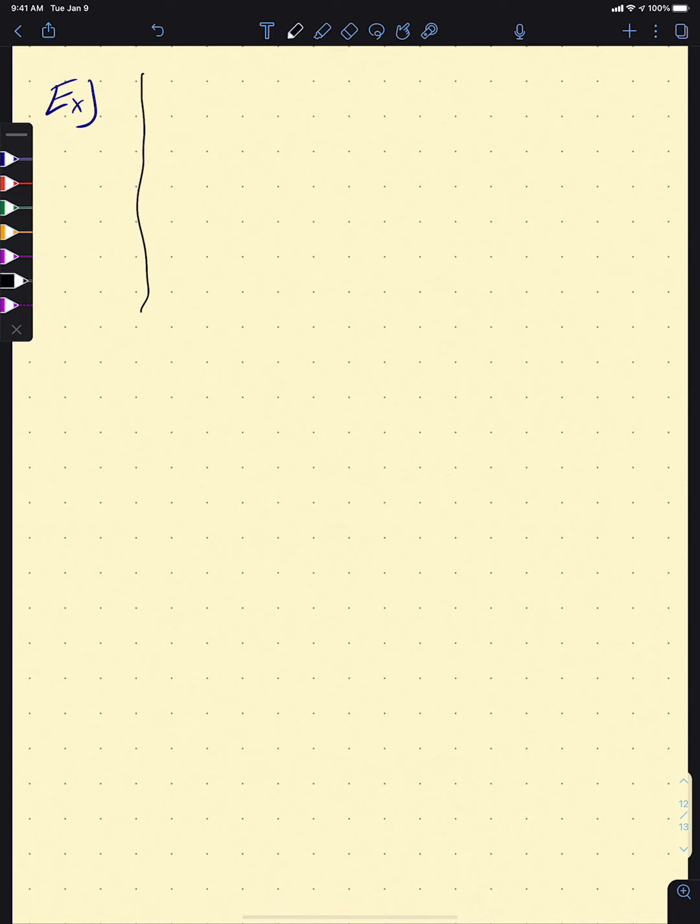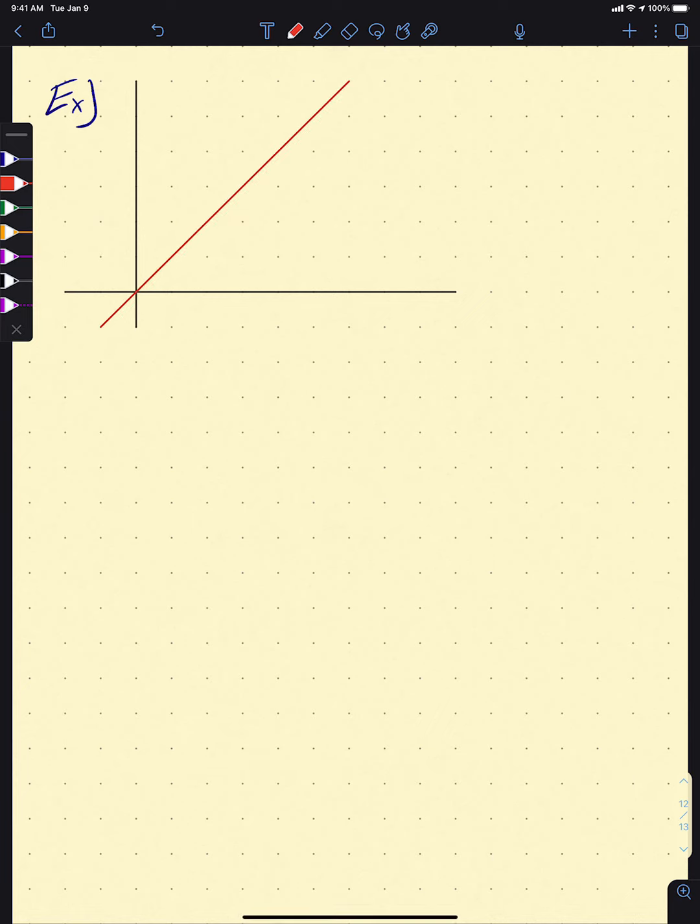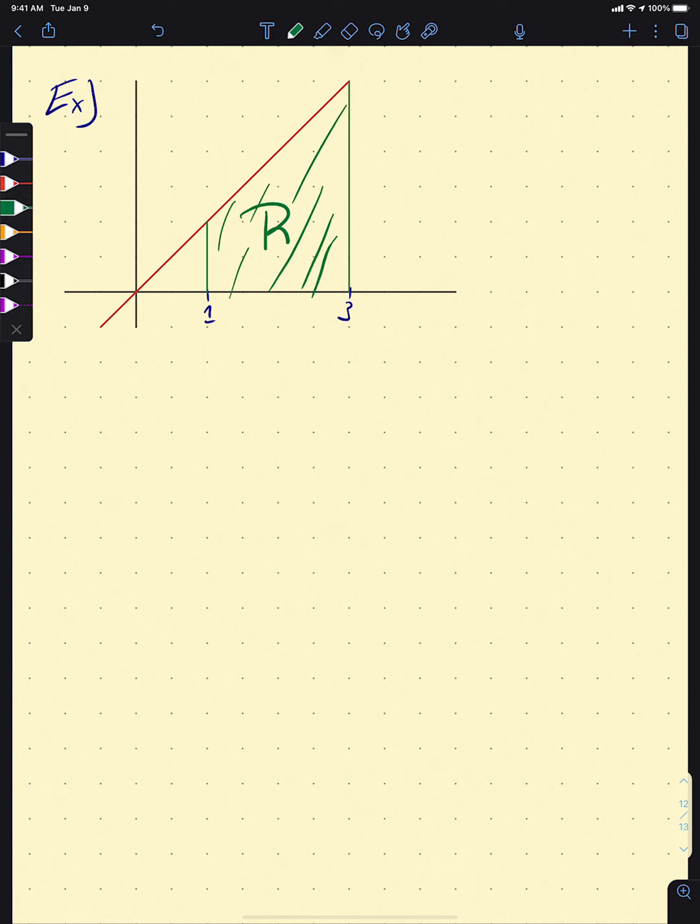And we'll work ourselves through a whole bunch of examples. So we want to consider one of our very basic functions, right? We'll call this point 1, and we'll call this point 3. And say we're looking for this area here, this region R, and we want to find the area.